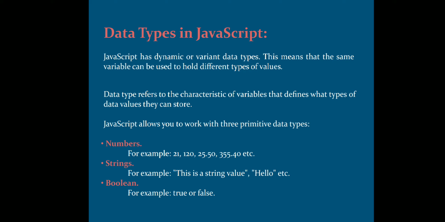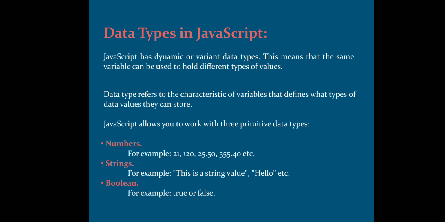For example, the data type of a variable is defined by the value it holds. For example, x equal to 5 means x holds a number. If x equal to "hello" within double quotes, then it holds a string. So we can say variables in JavaScript are dynamic, or variant data types.